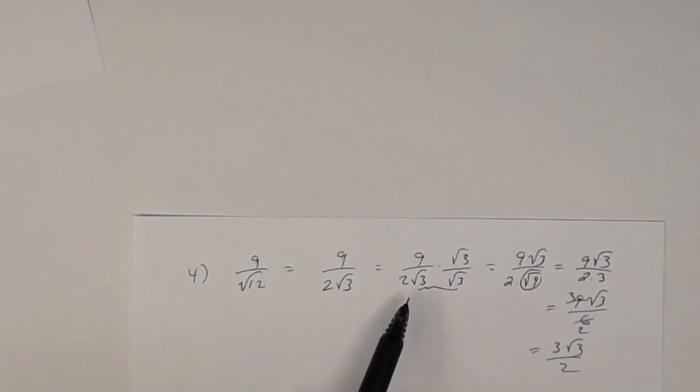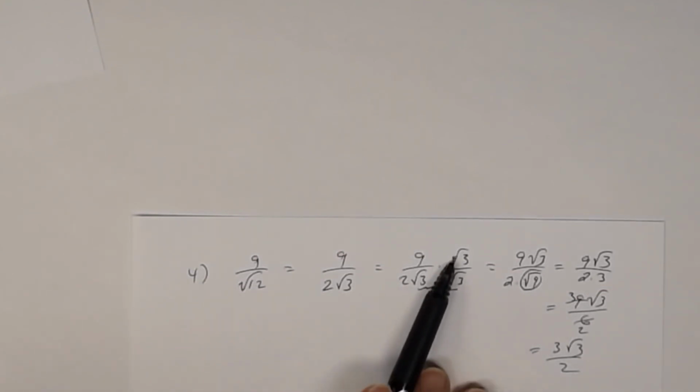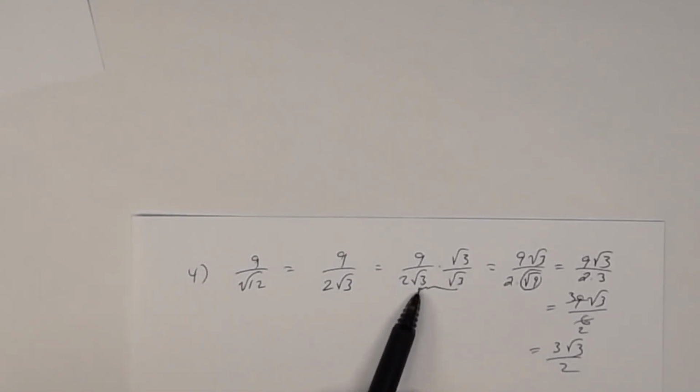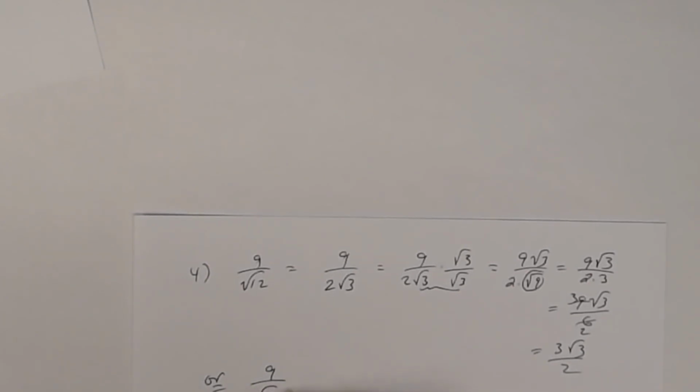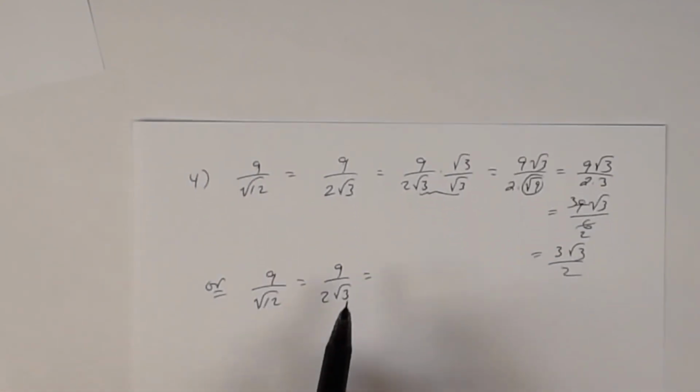Now, some of you may say, well, you multiplied numerator and denominator by the square root of 3. Could you have multiplied numerator and denominator by 2 square root of 3, the denominator? Sure you can. What would have happened? So there are multiple processes, right? So you get 9 divided by 2 square root of 3. All right, so here's what some of you would have said at that point right here.